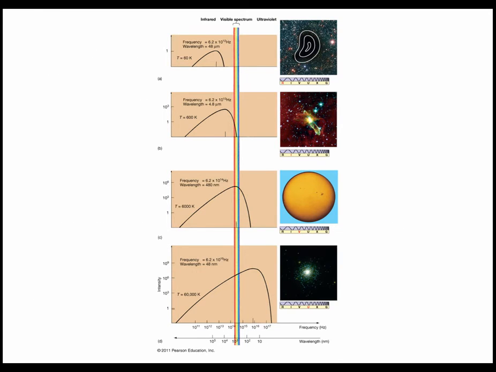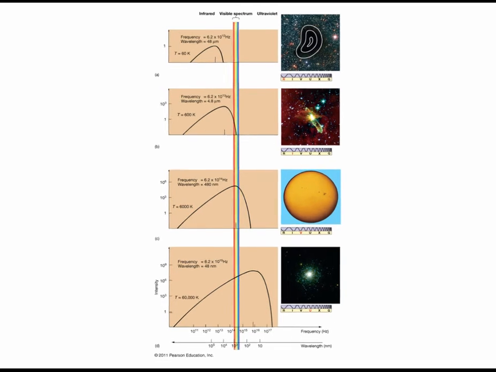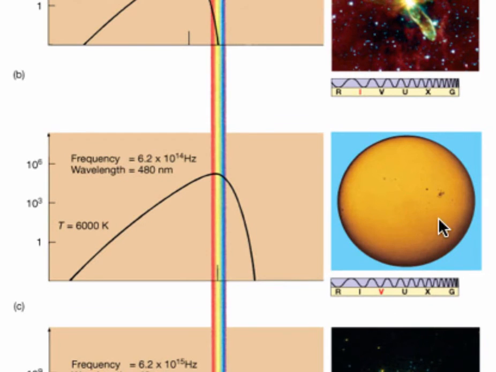So here are some different objects, and let's discuss how their temperature affects where they're glowing. Let's begin with the sun. The sun has a temperature of 5,800 Kelvin. Let's round it off to 6,000 Kelvin. And the sun glows yellow due to its temperature.